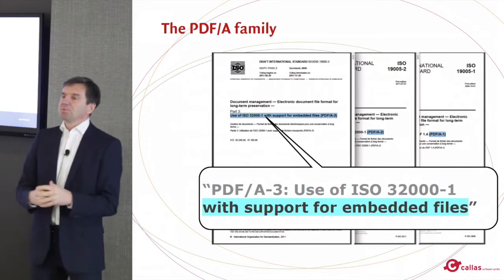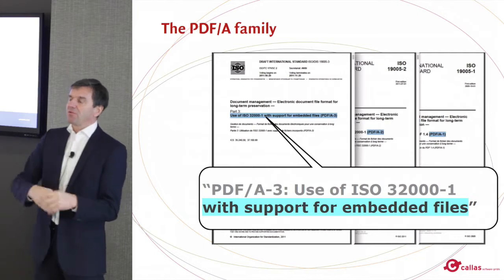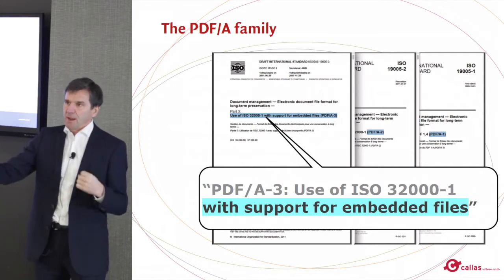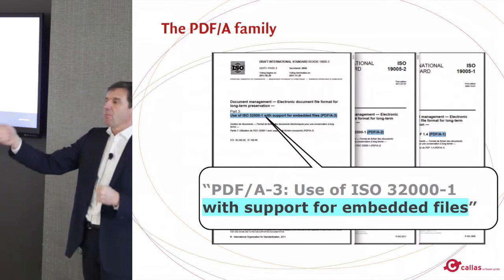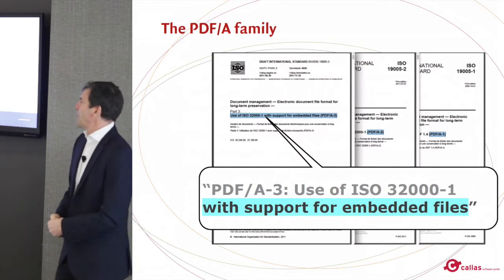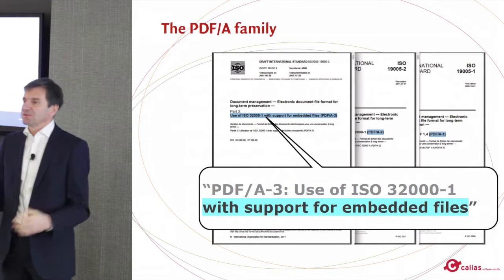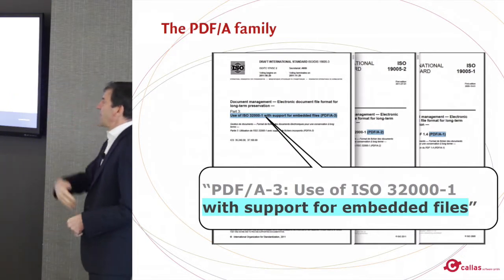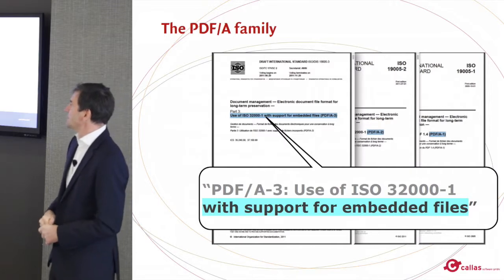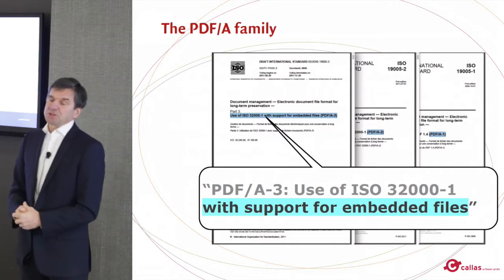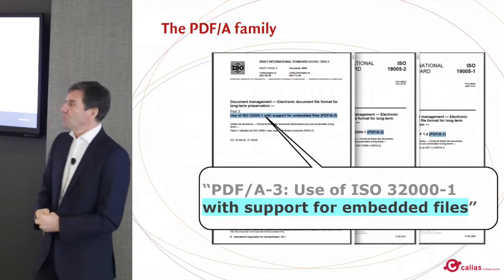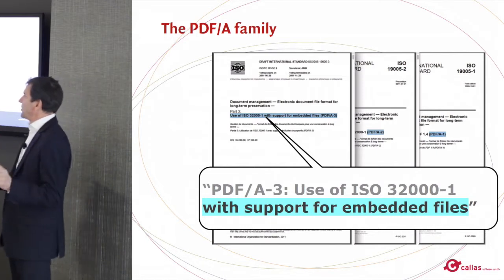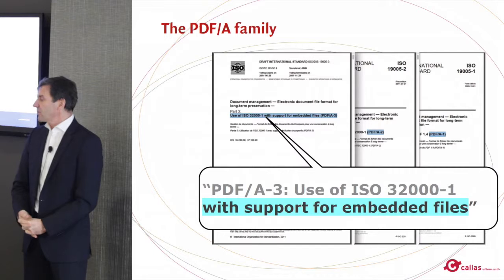So you may say PDF A is a way of sending a file into the future in a way that makes sure that somebody in the future will be able to see that file, but you can do the same thing as of today. You can just take the PDF file and send it to somebody else. In most cases, it will just work, but with PDF A, you're sure that it will work. So that's about the PDF A family in general.